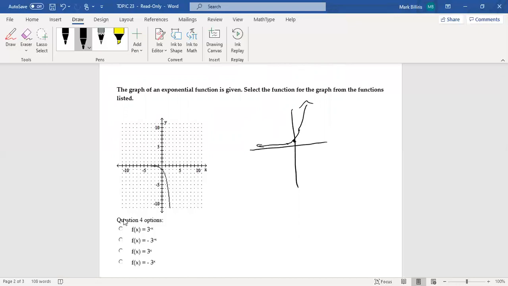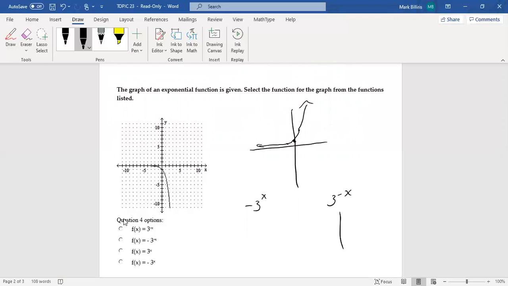So if it's flipping over our x-axis, that's a reflection on the x-axis. So a reflection on the x-axis means that we have a negative in front of our function. So we know our function is negative, the opposite of 3 to the x. If we had 3 to the negative x, that's a reflection on the y-axis.